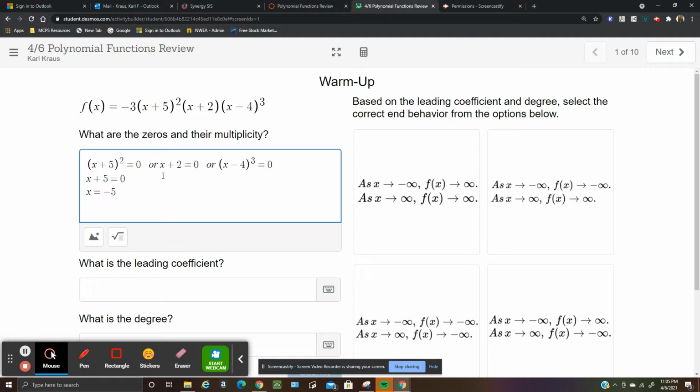The middle equation, subtract 2 from both sides. You get x equal negative 2. And this last one, take the cube root of both sides. And then add 4.